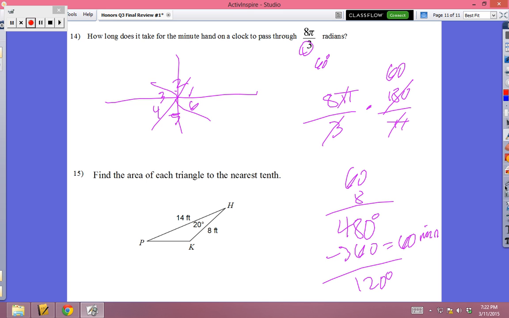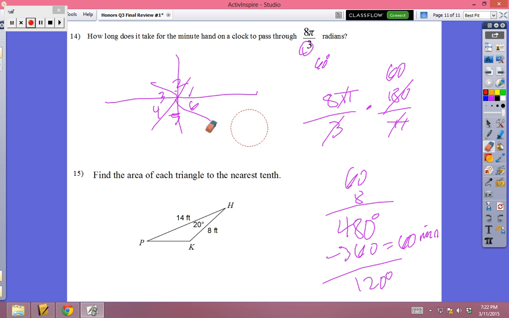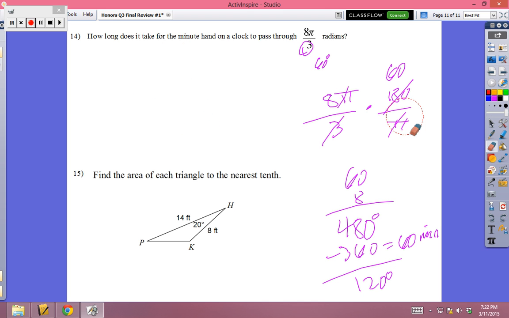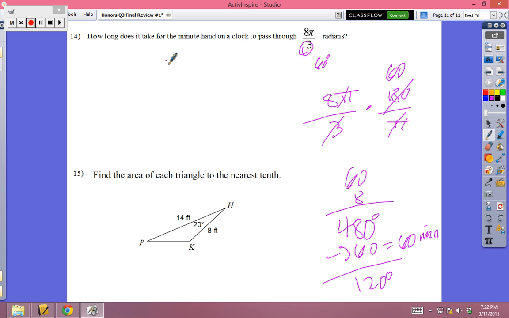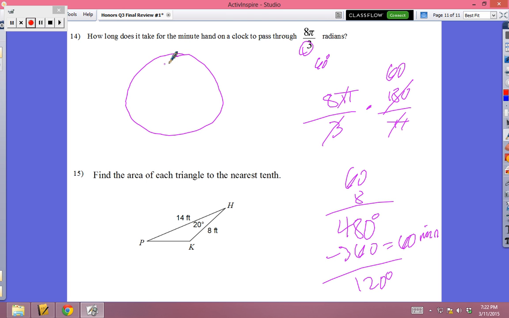Okay, on a clock, every 5 minutes is 30 degrees. So if we've got a clock, if we just look at from like 12 o'clock to 3 o'clock, that's a 90. So 1 o'clock and 2 o'clock, if I divide that 90 into 3 equal slices, every slice has got to be 30 degrees. So every 5 minutes is 30 degrees. So if I do 360, that's full rotation, that's 60 minutes.